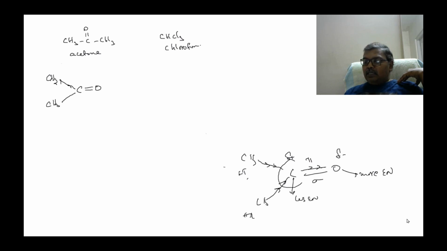As a result, electron density on carbon increases. Therefore, pi electrons easily shift to oxygen. Thereby, oxygen gets a partial negative charge.